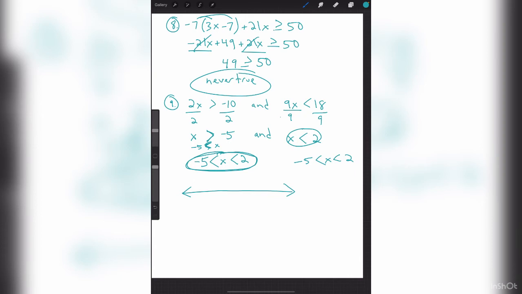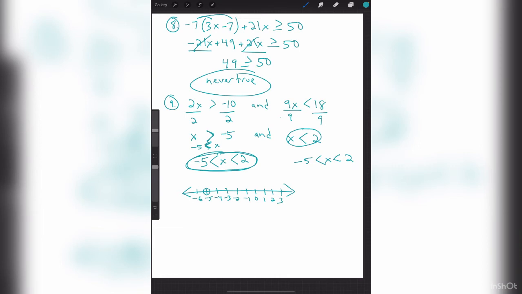So if I'm writing these numbers, I'll just start here. I'll start at -6, -5, -4, -3, -2, -1, 0, 1, 2, and 3. I just pick numbers. Now if I go through here, I say -5 is less than x, so I'm going to include an open circle, and then go to my 2.